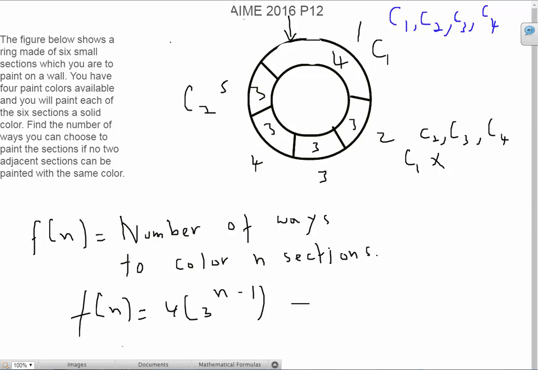Well, we can just do the same thing. In this case, we can remove this boundary, and we end up this time with 4 sections. And so we'll keep on going until finally we come to the case where n equals 2. And therefore, in general, f of n equals 4 times 3 raised to n minus 1 minus f of n minus 1, because f of n minus 1 is the number of ways in which the first section and the last section will have the same color.